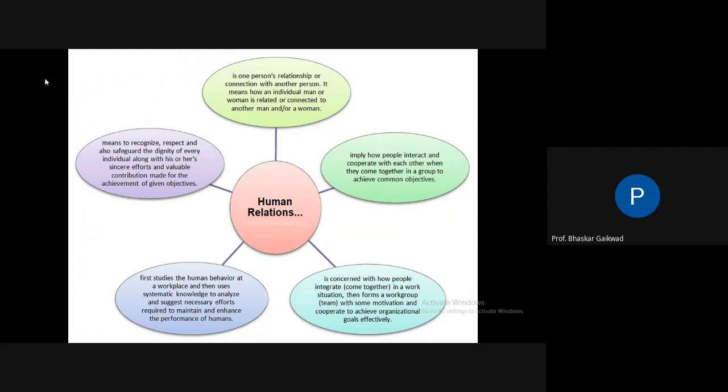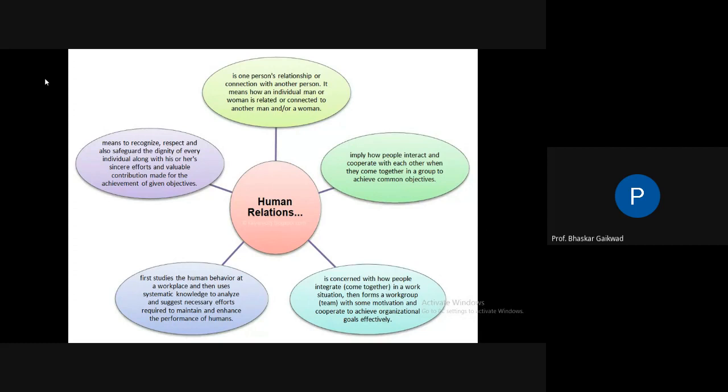Next, human relations is concerned with how people integrate and come together in a work situation, then form a work group or team with some motivation, and cooperate to achieve the organization's goals effectively. Now, human relations is very important in the industry, and it is concerned with the group.